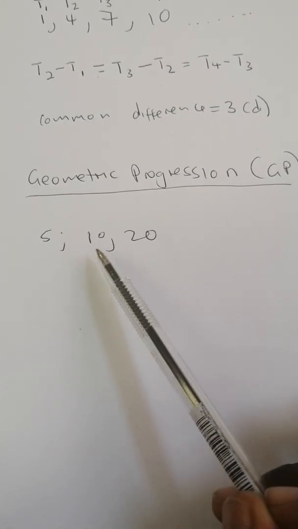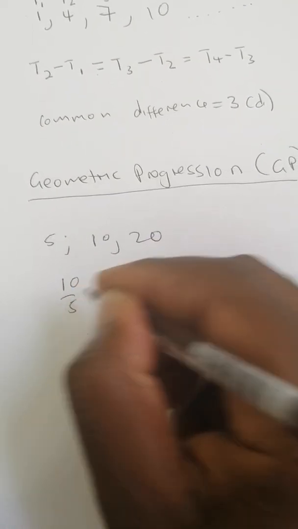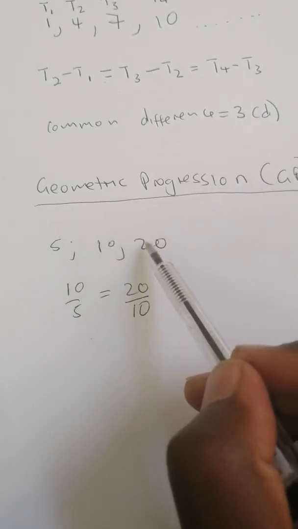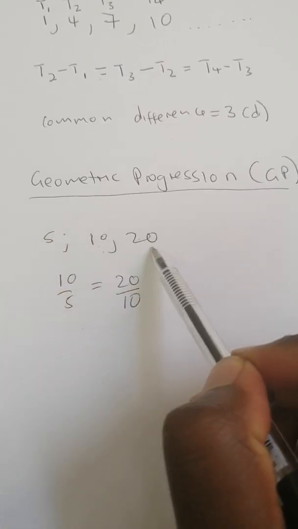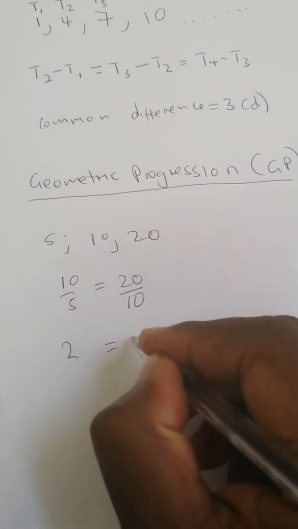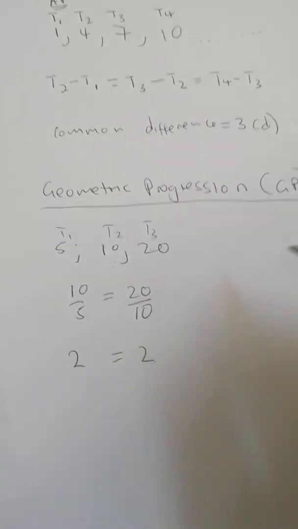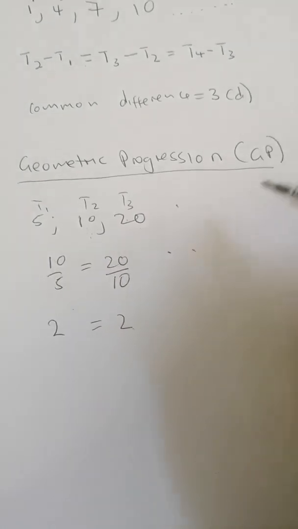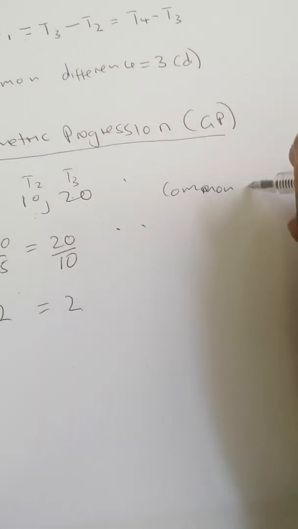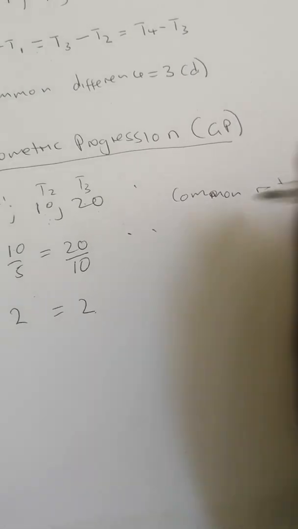GP is just to say the number in front divided by the one behind: 10 over 5 is equal to 20 over 10. You see there's a 2 equal to 2 there. So that's a T1, a T2, and a T3. So to find the common ratio, which is normally referred to as R.